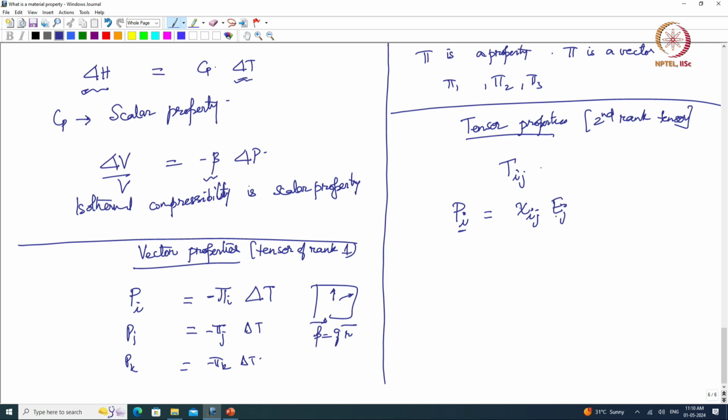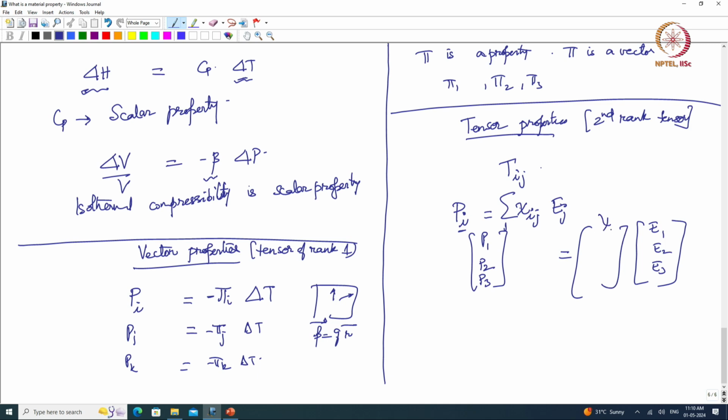Now, in general I can have an electric field vector which is E1, E2, E3, and I want to see what the polarization is. There will be a sigma over j. I am explaining why that is the case. How does chi_ij relate to E1, E2, E3?